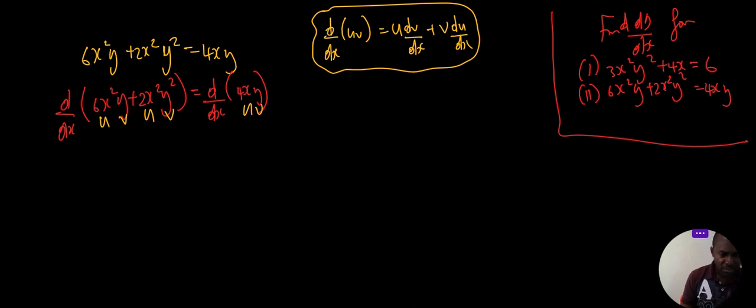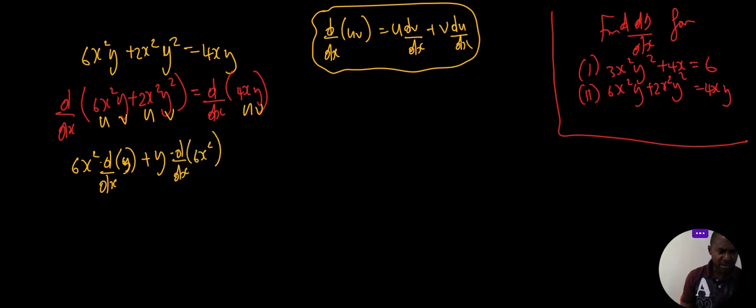Based on the product rule, it's going to be equal to the first times the derivative of the second. So this is going to give us 6x squared times d by dx of y, right? Then, of course, plus y times d by dx of 6x squared. And that is the derivative of the first term in this bracket on the left hand side.